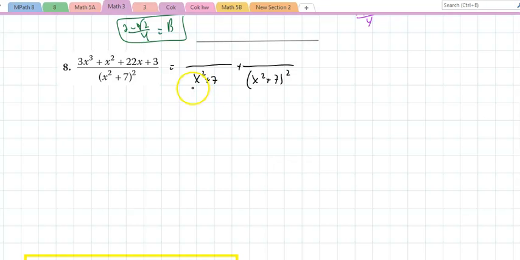Now, do you see that this is quadratic? And I can't factor that, so the top has to be 1 power less. And do you see that this can be written as x squared plus 7 times x squared plus 7?